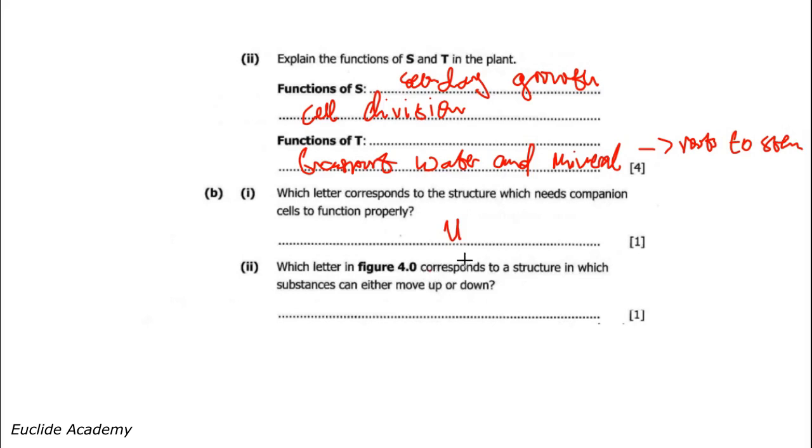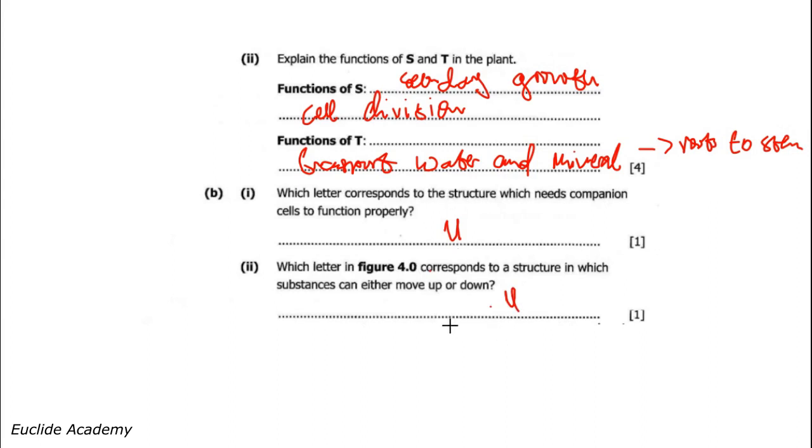Which letter in figure 4 corresponds to a structure in which substances can either move up or down? The phloem also transports food around the plant. Materials from the soil, like water and mineral salts, go up to the stem and the leaf through the xylem.